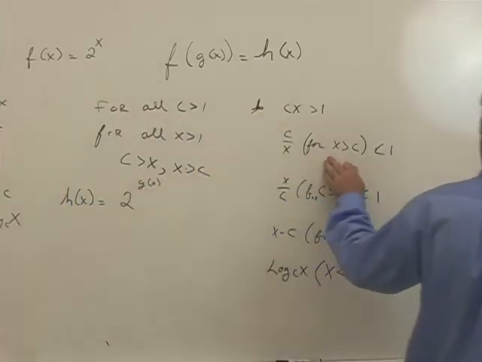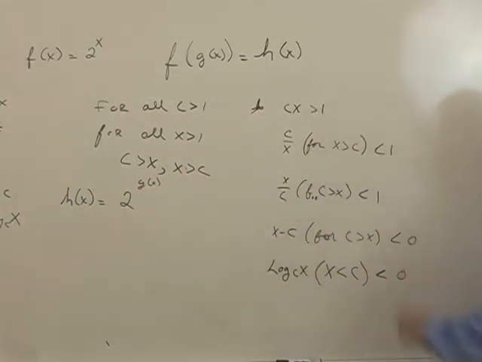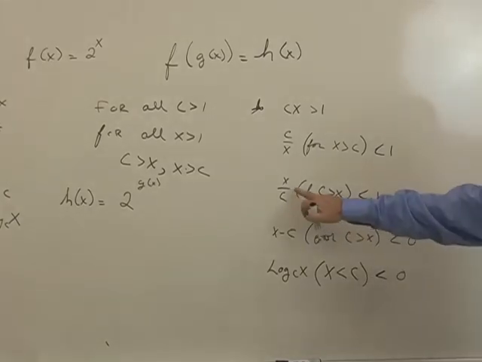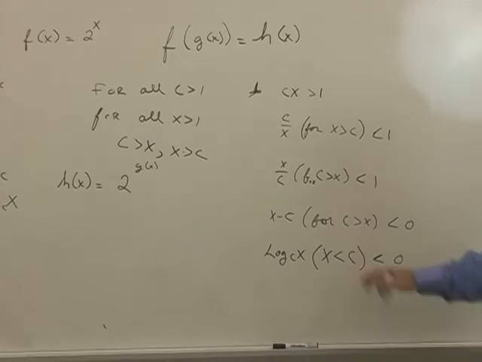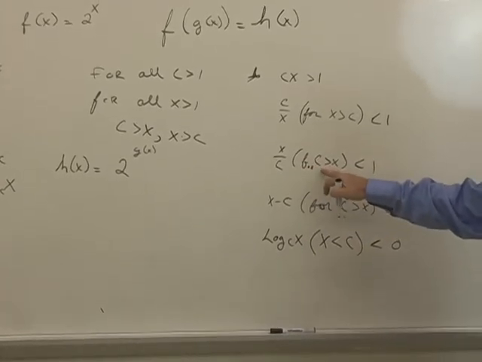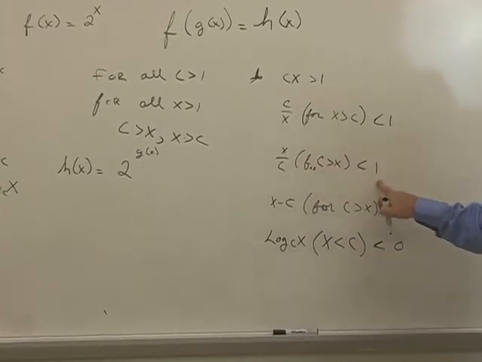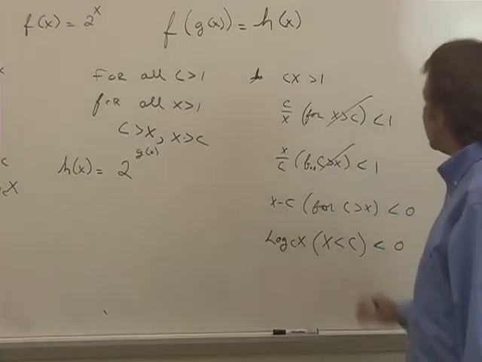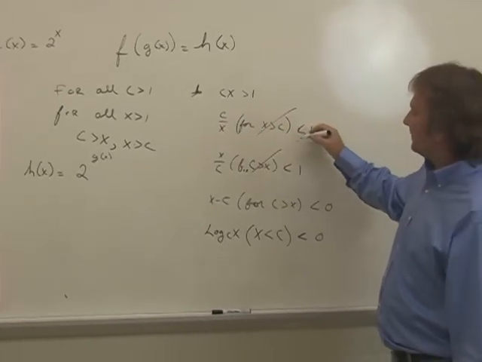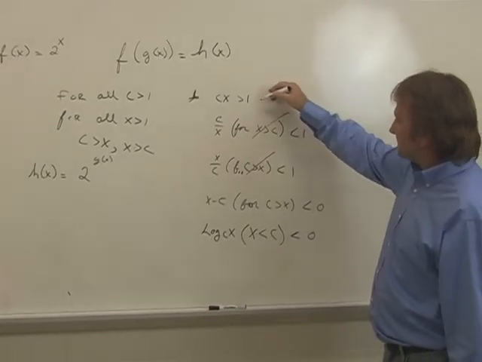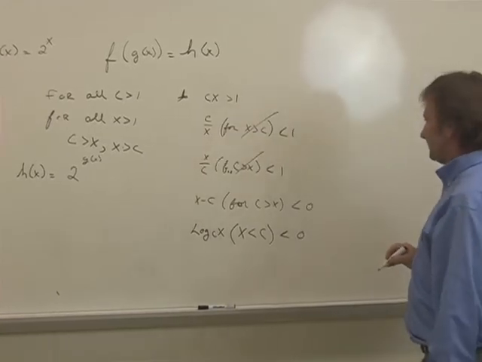This could potentially give numbers less than this. Again, let's look at the next option, x divided by c. For all c greater than x, this could potentially be less than 1. So that one's out, that one's out. There are values for x and c that would give less values than the c times x.